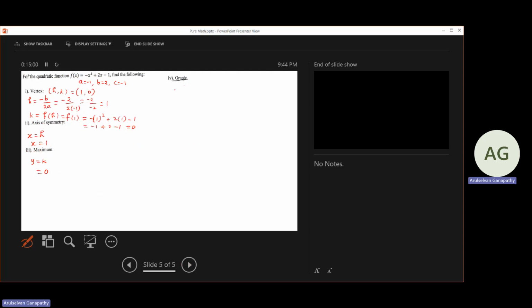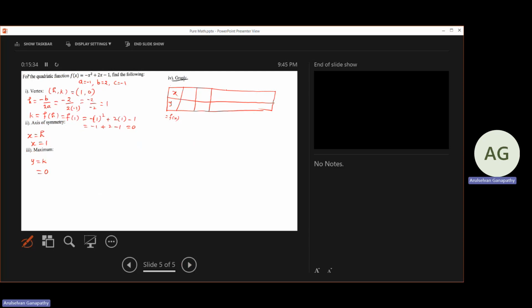So that is the maximum. Now how to get the graph for this? Let's take a few points to form a table. Let's make a table, x and f of x. F of x is y. So here let's take 5 values.